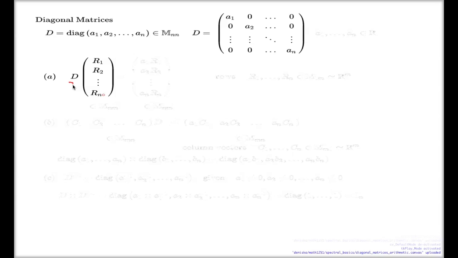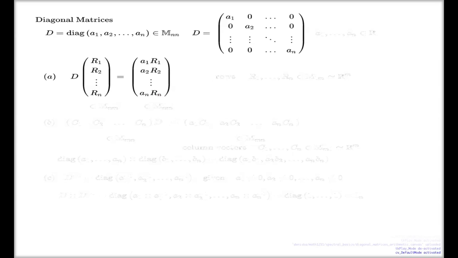then this is the same as if you multiply each individual row of that matrix by the diagonal entry of the matrix D. So you see, this writing stands for a matrix, and each of these capital R's are rows.